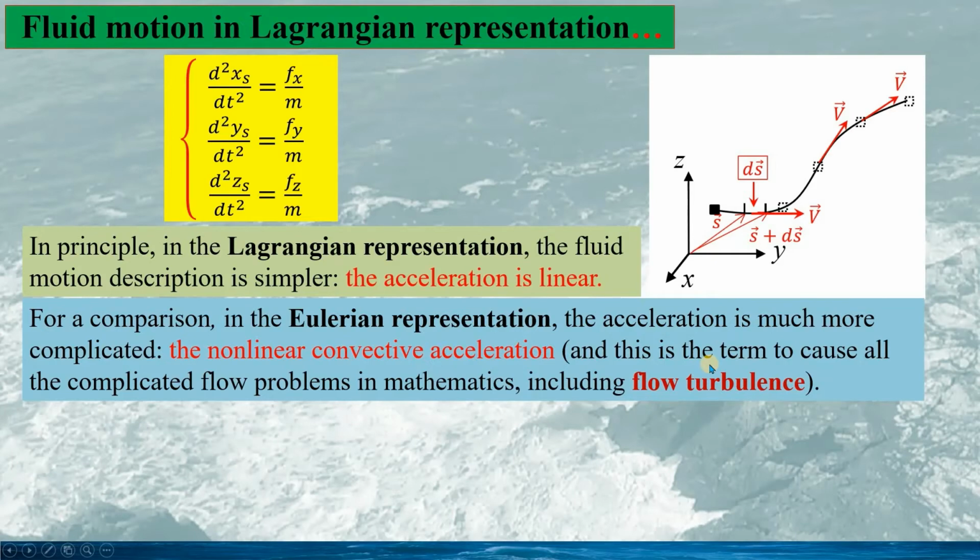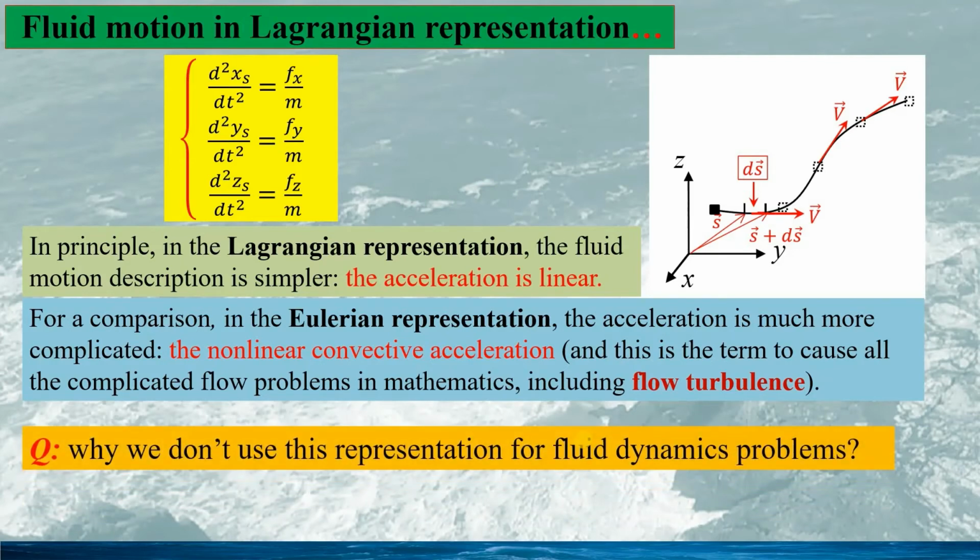And we know this nonlinear convective acceleration term causes all the complicated flow problems in mathematics, including fluid turbulence. So in this regard, the Lagrangian representation for fluid motion is simpler. Then we might have a question: why don't we use the Lagrangian representation for fluid dynamic problems?